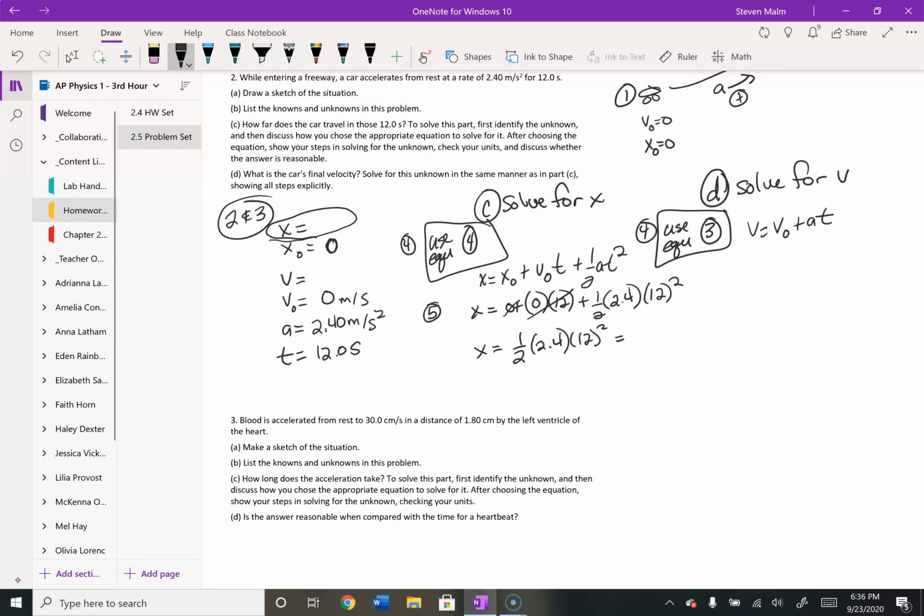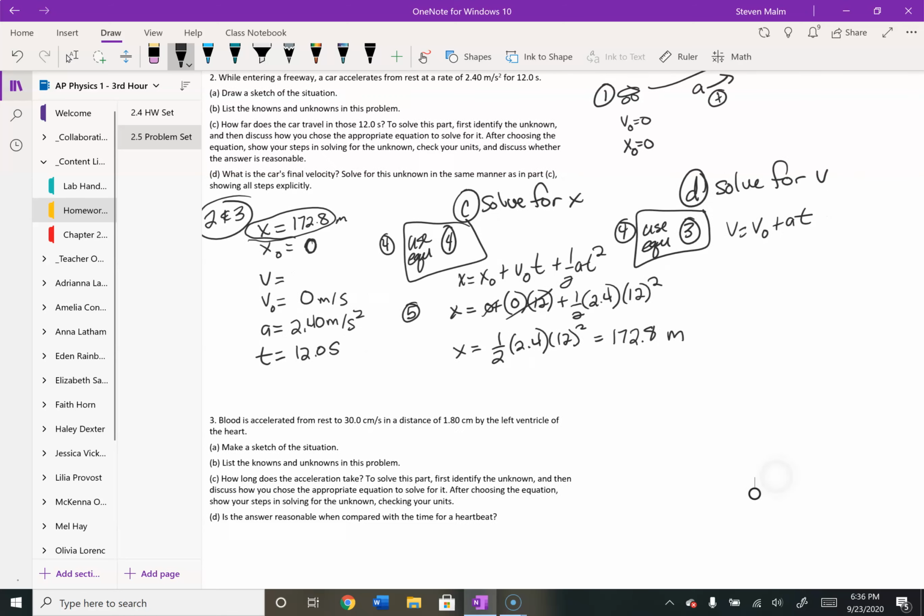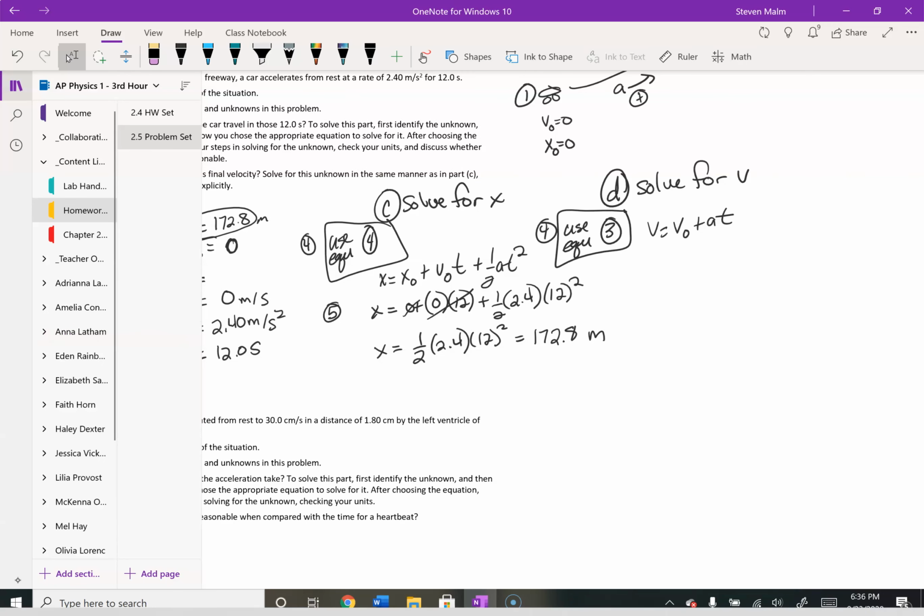And when I plug that in, I get 172.8 meters. And again, once I know it, I can put it over in my table. So I'm going to go ahead and do that.